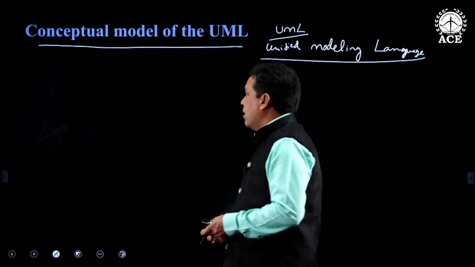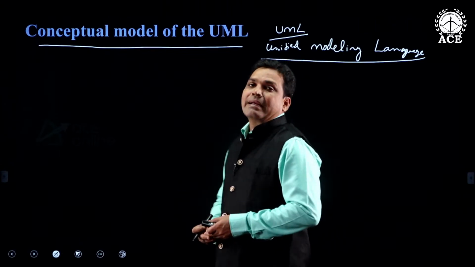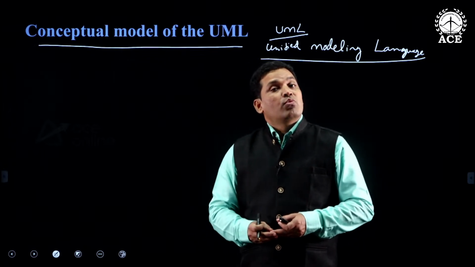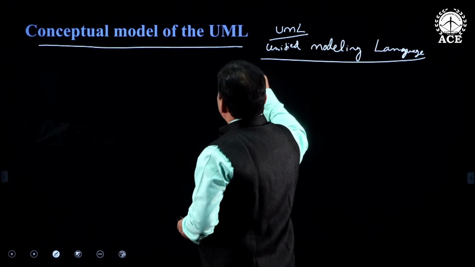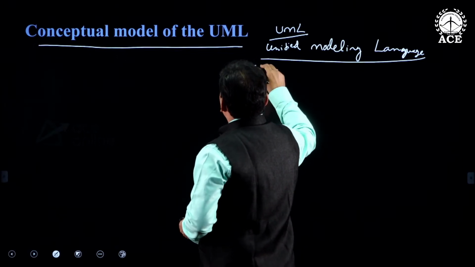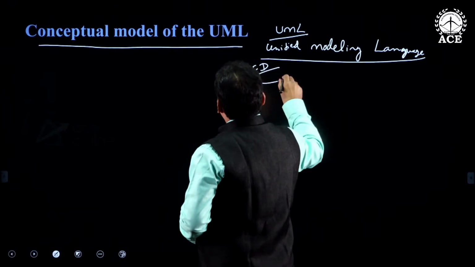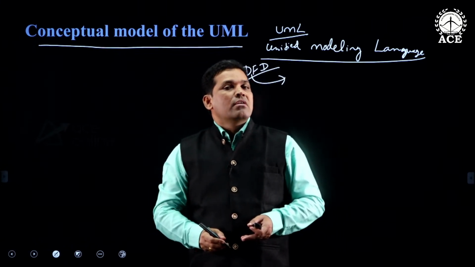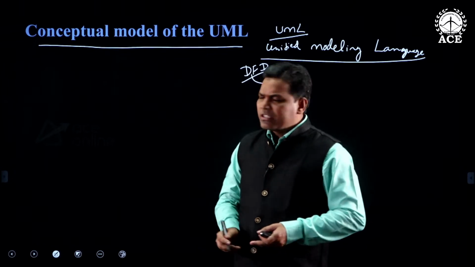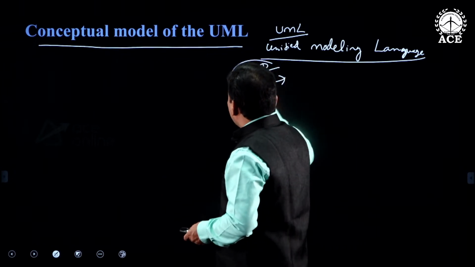Before UML, how did software designers model the software system? Before the existence of UML, DFDs were there to model the software system. DFD stands for data flow diagram. So what is the problem with the data flow diagram?